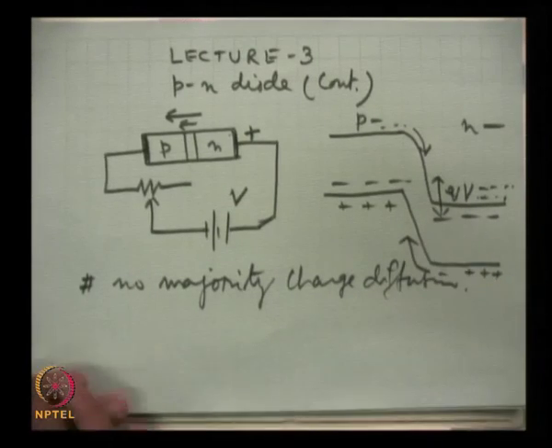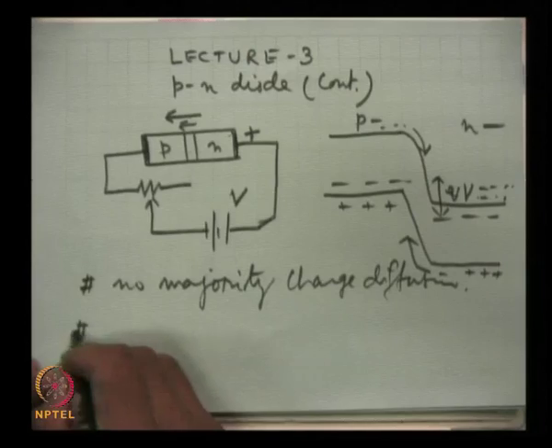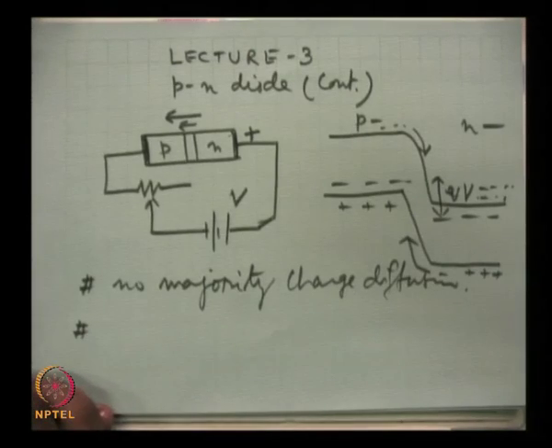These are the minority charges, they constitute what is known as reverse current, actually reverse saturation current. I will tell you why it is very small and why it is voltage independent, and on what factors it depends.